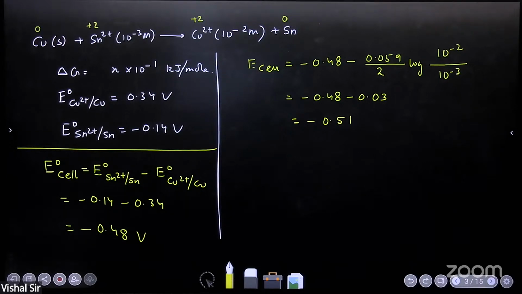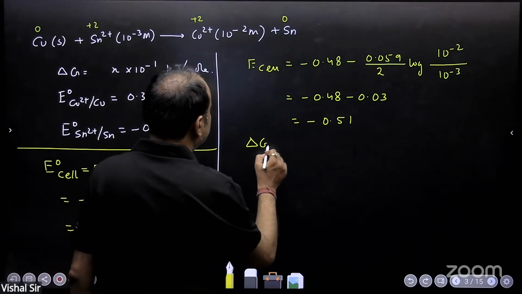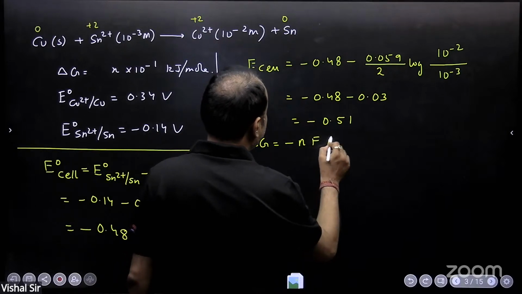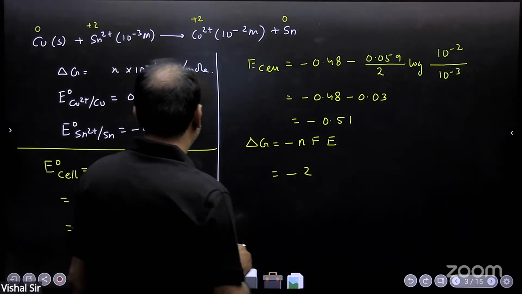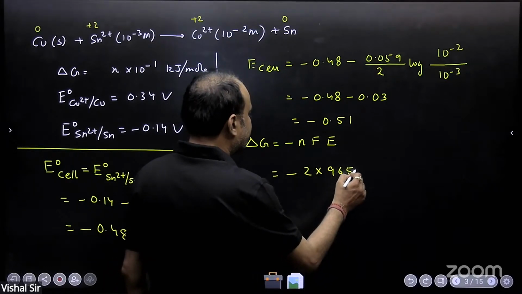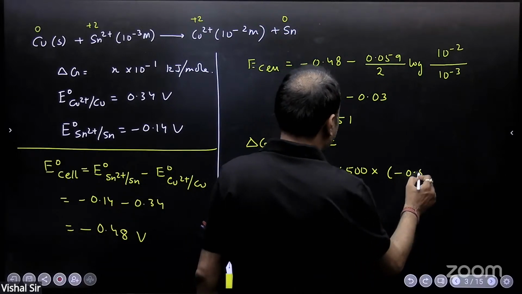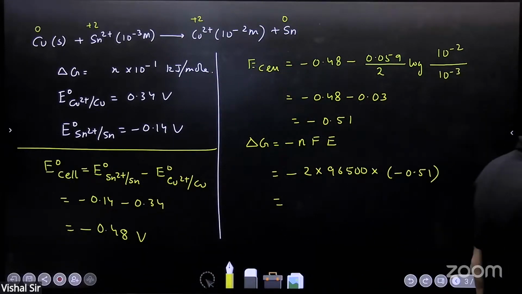Now we have to calculate delta G. So delta G will be minus nFE. n is 2, F we know 96500, and E is coming minus 0.51. So how much will this become?